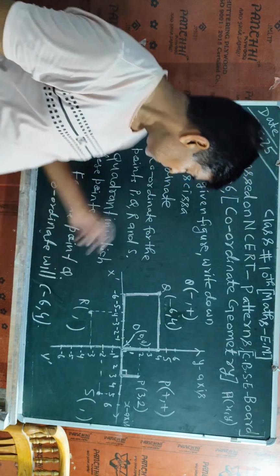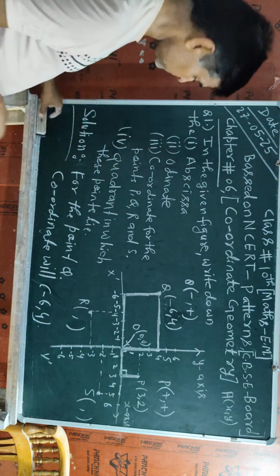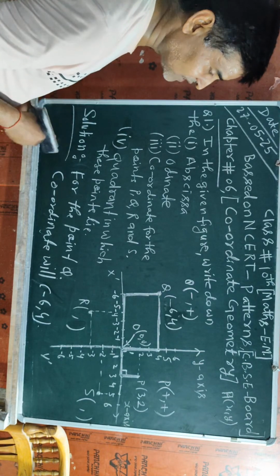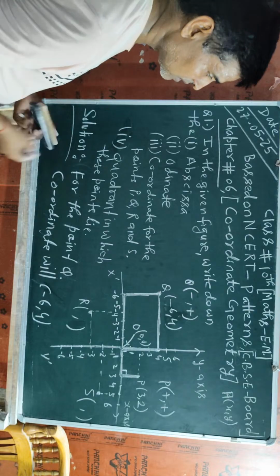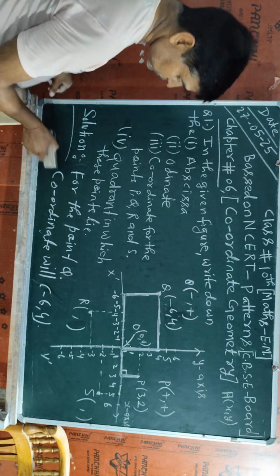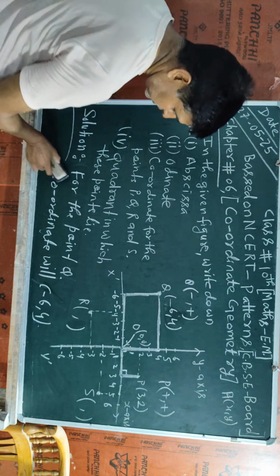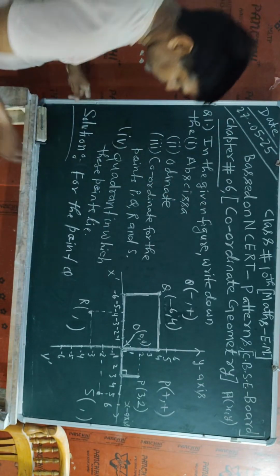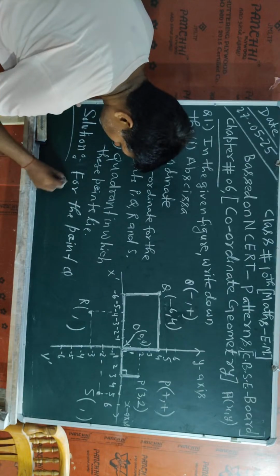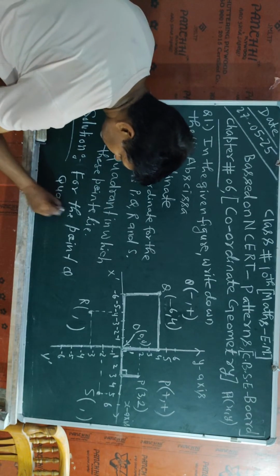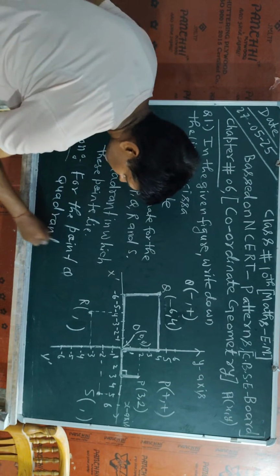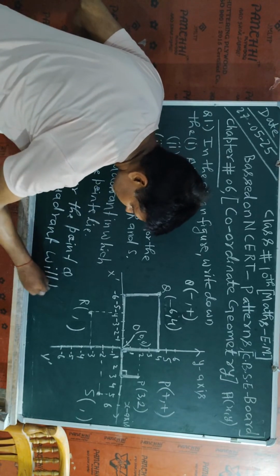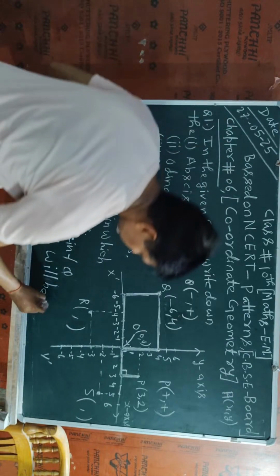the information for the second quadrant. So for any point which lies in the second quadrant, the sign convention will be minus comma plus. So for the point Q, the quadrant will be second.